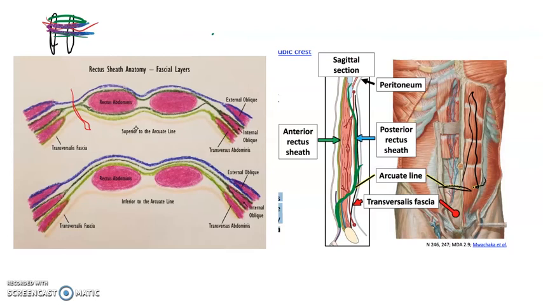So now all the aponeurosis are on top, and the arcuate line is right around here where they've labeled it. At that point, all the aponeurosis will come on top of the rectus abdominis, and none of it will come behind the rectus sheath. And that's that part.